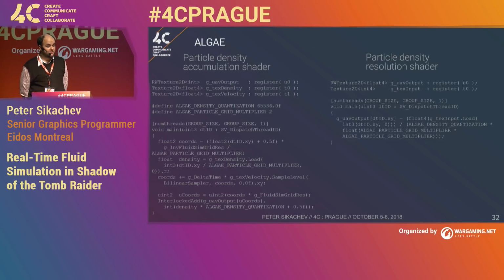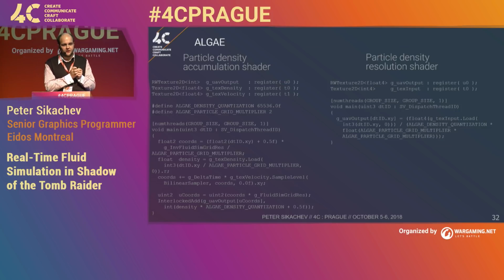shaders. They're really simple. The particle density resolution shader is really like a one-liner. I would stop for a moment to explain what's happening here, and there are two things. First, we quantize the density into integer format.